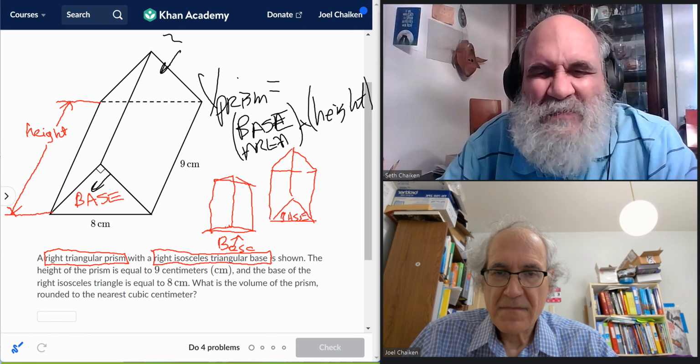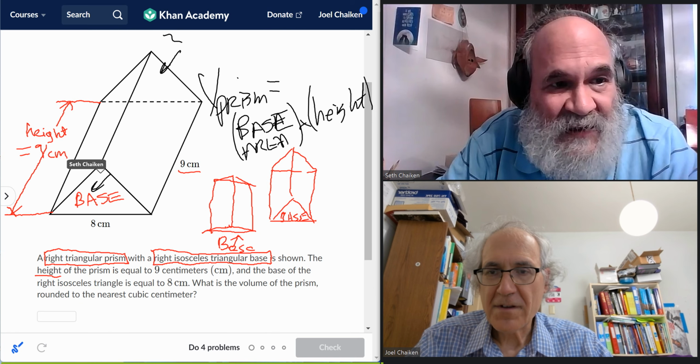Well, the trouble is they use the word height. I know, but it's not a vertical height. The height is really how far. However you explain it to yourself. The 9 centimeter distance is what they call the height. They do help you.